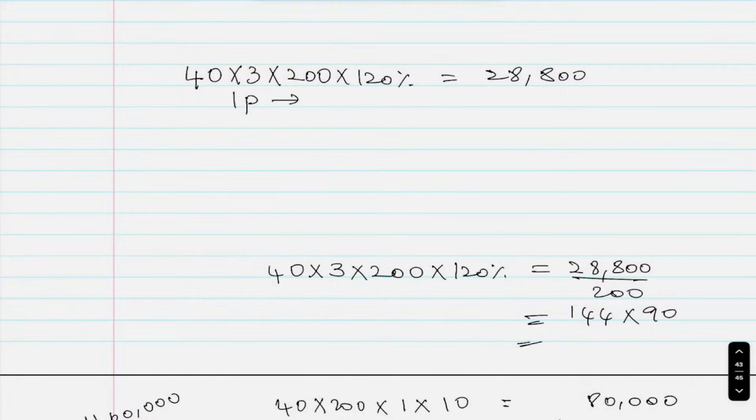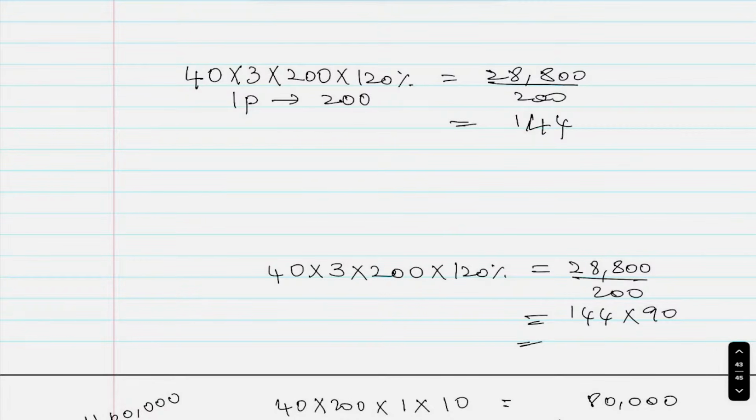One packet will give you how many cups of coffee? One packet, if you put it in a vending machine, how many cups can come? 200. Okay. Divided by 200 now. How many packets are required? 144 packets. Each packet costs how much? So for purchase of the coffee beans, I have to spend this amount. That is the purchase cost of my coffee beans.